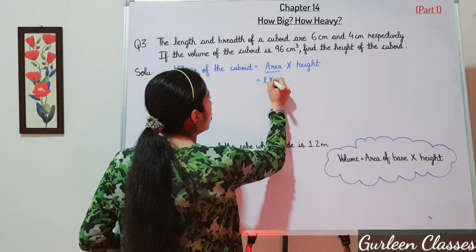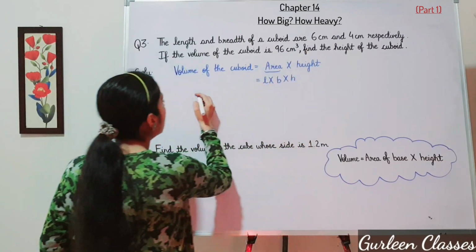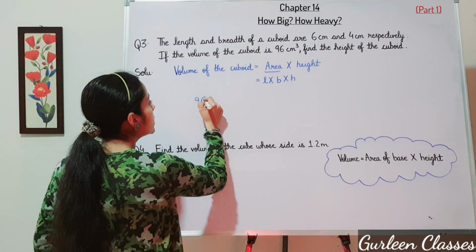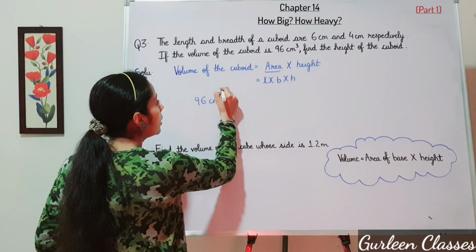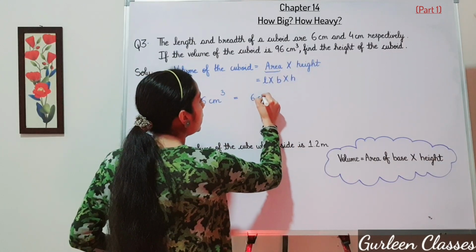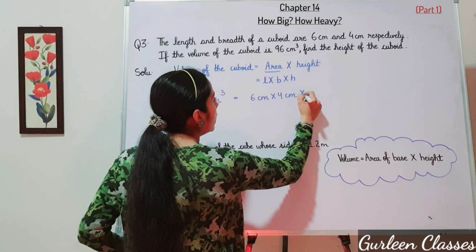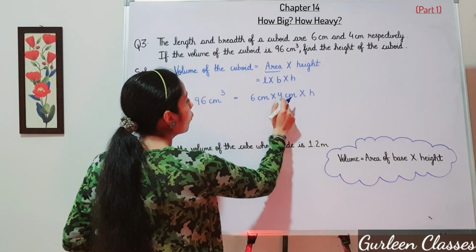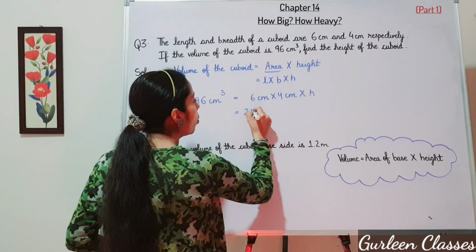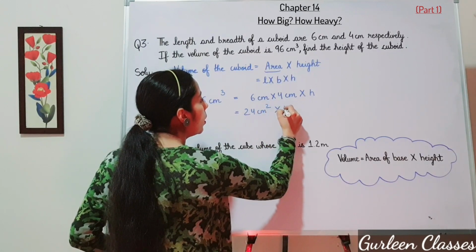L into B into H. And here volume is given, 96 centimeter cube. Then length is given 6 centimeter into 4 centimeter into height. 6 fours are 24 centimeter square into height.